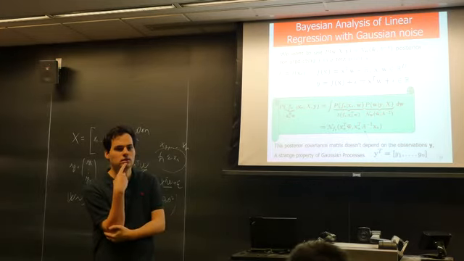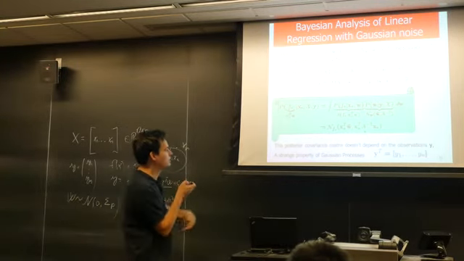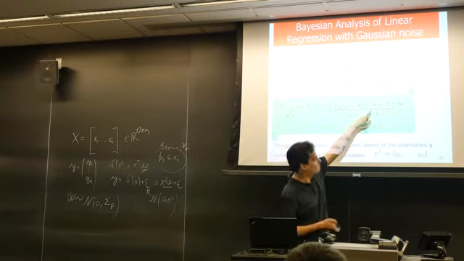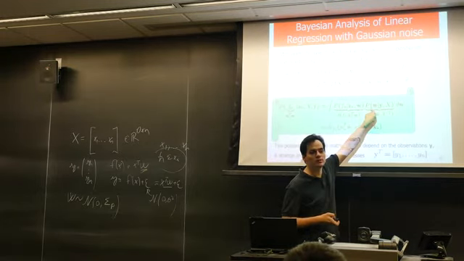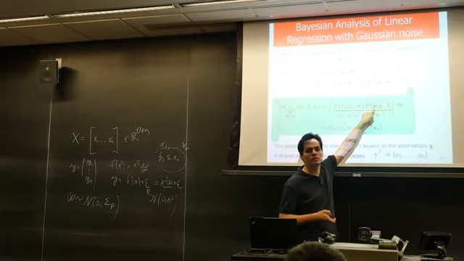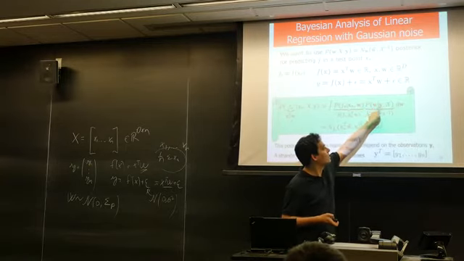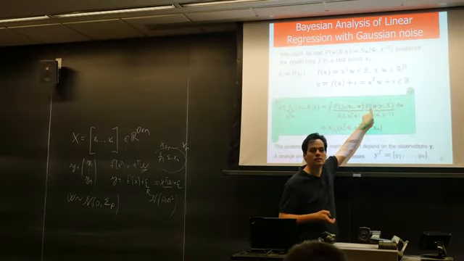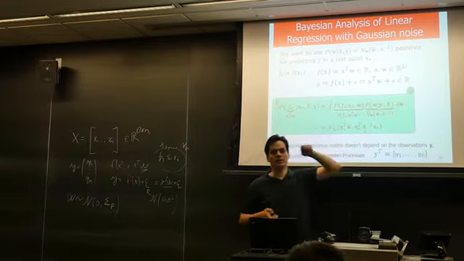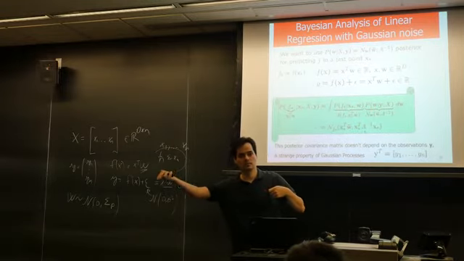Yes? What happened to the regularization of w? That's hidden in this, because we already calculated the posterior distribution. When we calculated the posterior, it was the likelihood times the prior, and the prior was the regularization term.